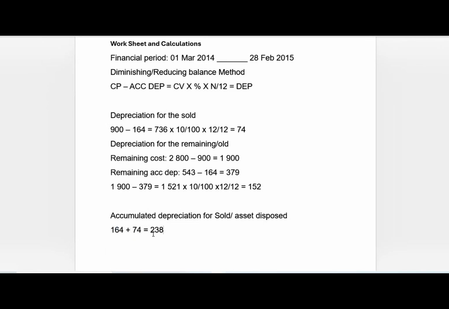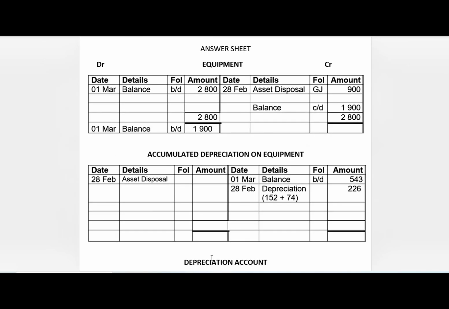We are going to take 238, which is the accumulated depreciation for the sold or for the disposal. That will go on the debit side of the accumulated depreciation account. The folio there, let's just put general, right? And then here the amount is going to be 238, right?